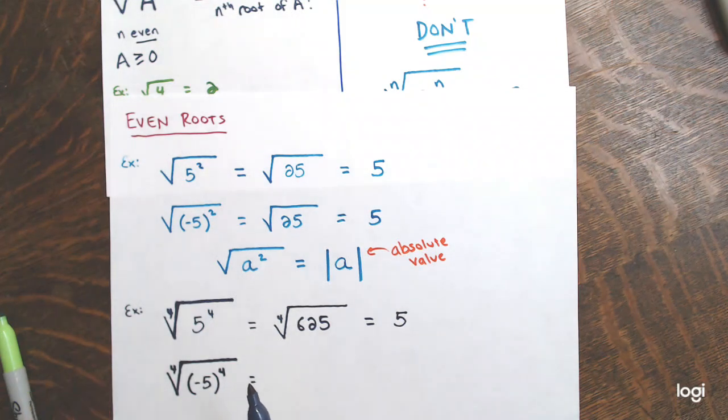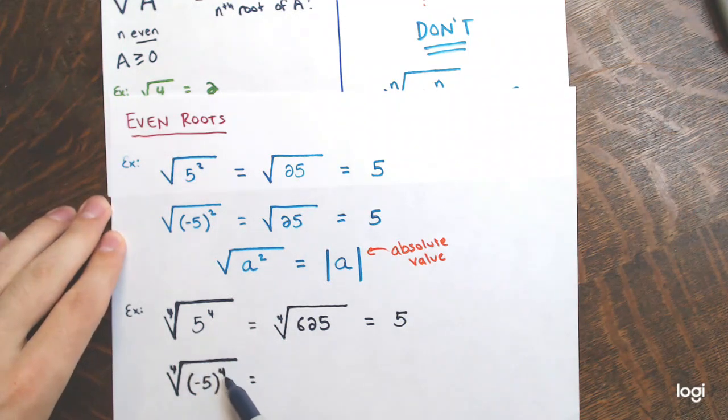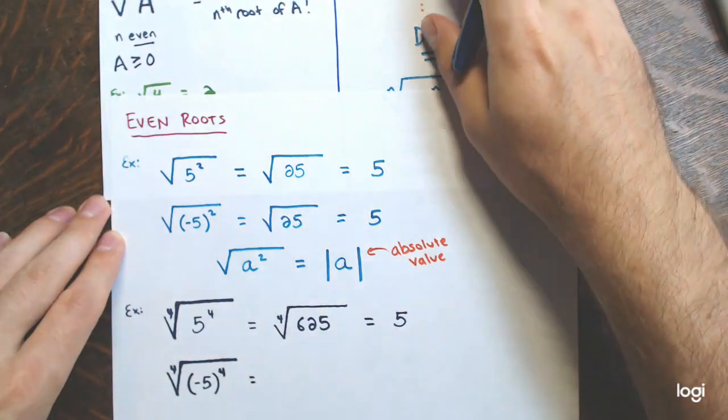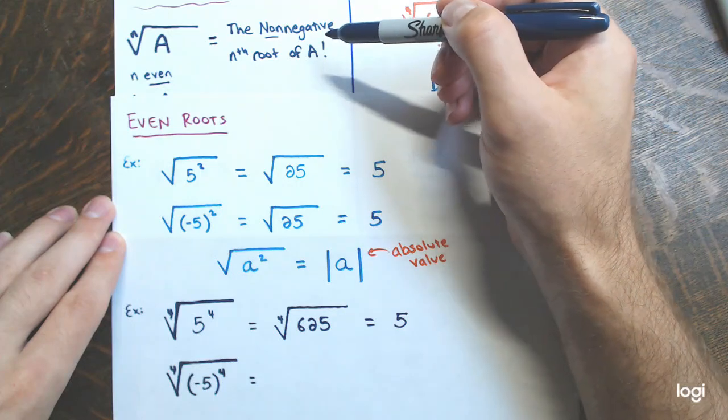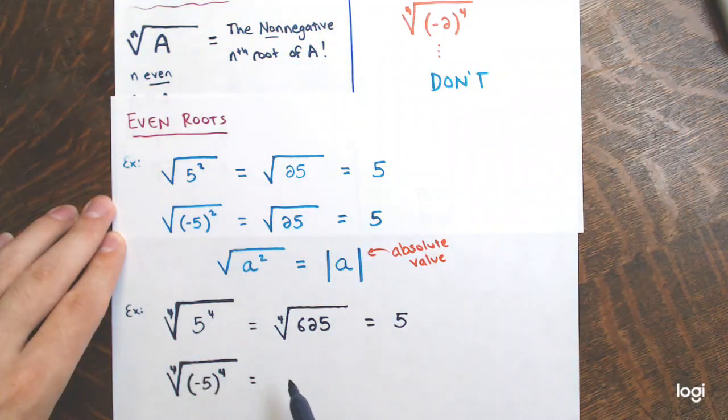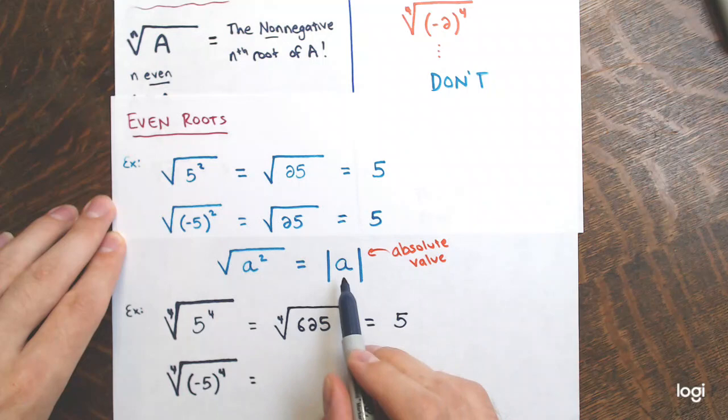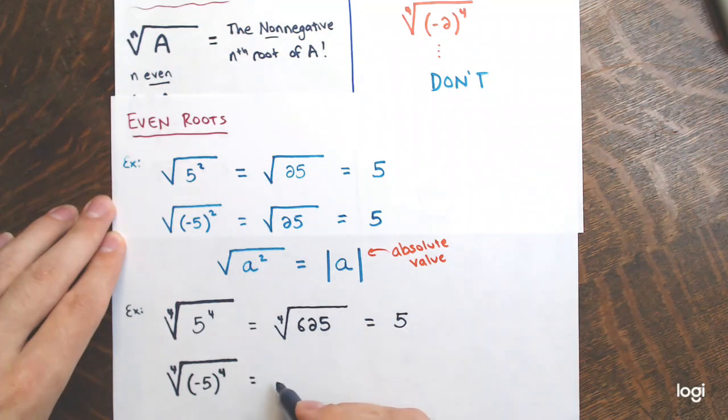Too many times, I've seen people make the mistake of just undoing these, the fourth root and fourth power undo each other, and they write negative 5. Remember, when you see this symbol with an even index, the 4 there is even, your final result needs to be a non-negative number, the non-negative fourth root of the number in here. So you could say negative 5 and then take the absolute value, make it positive 5. We're going to see that this is positive 5 when I actually go through this.